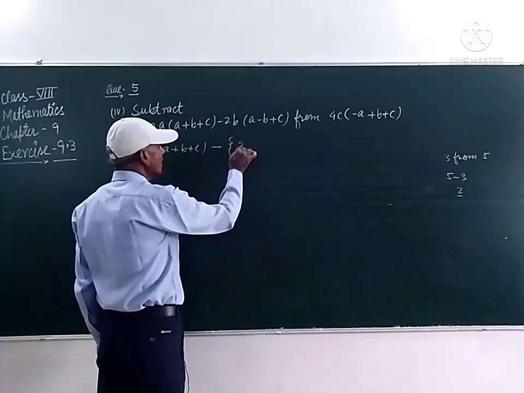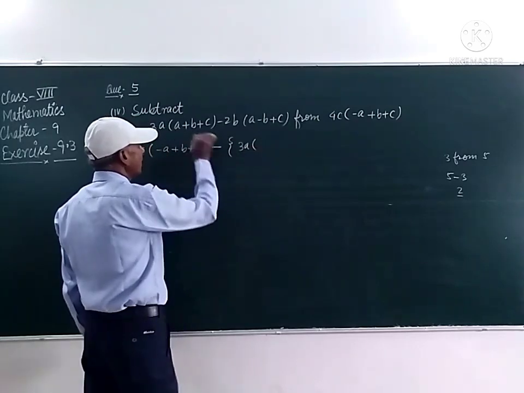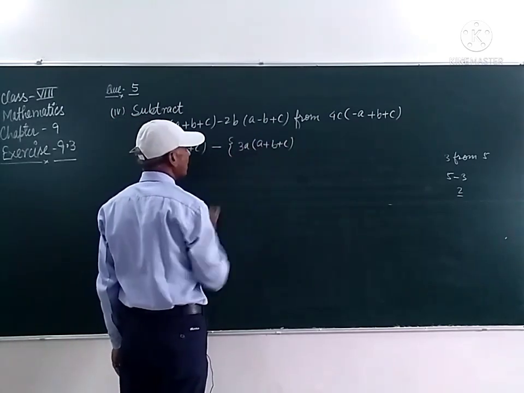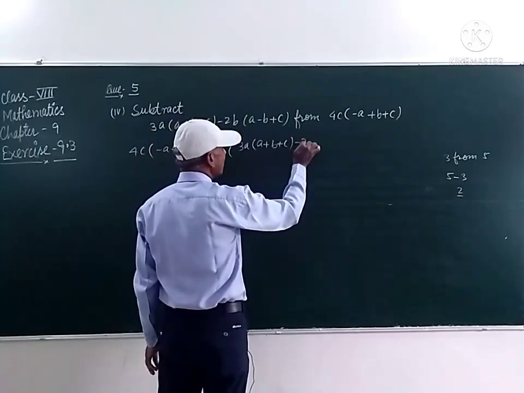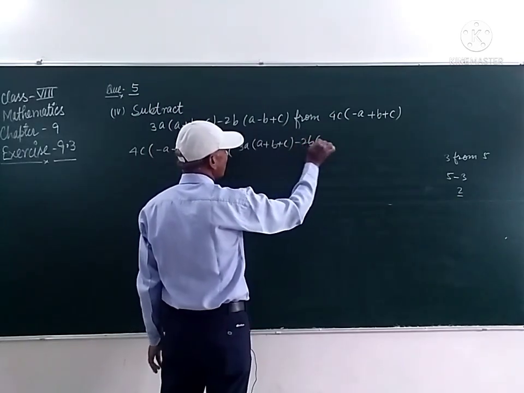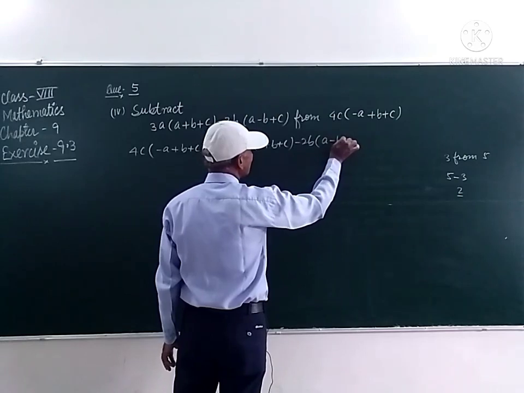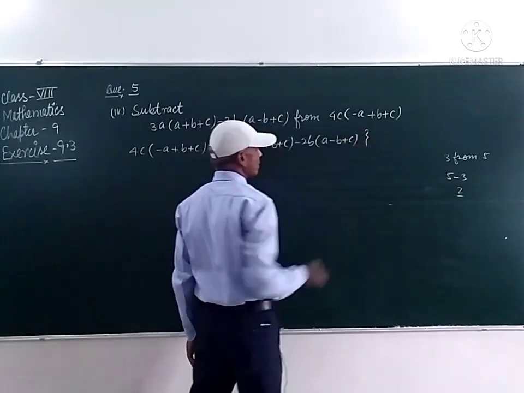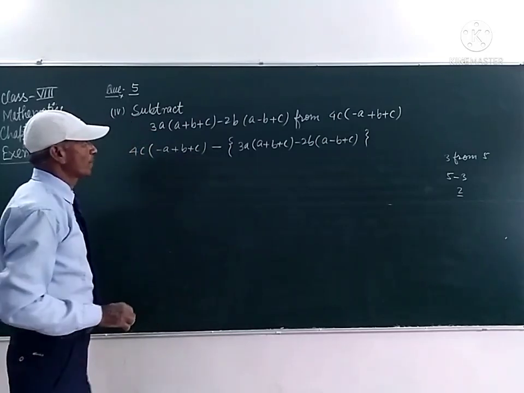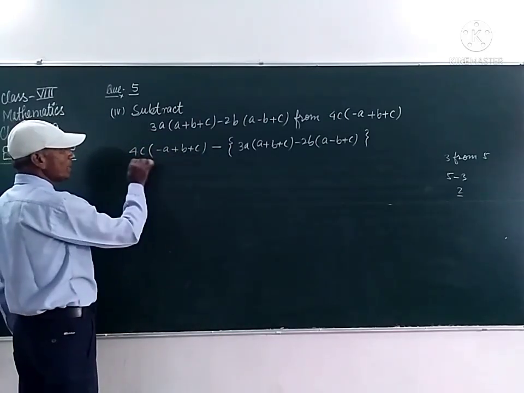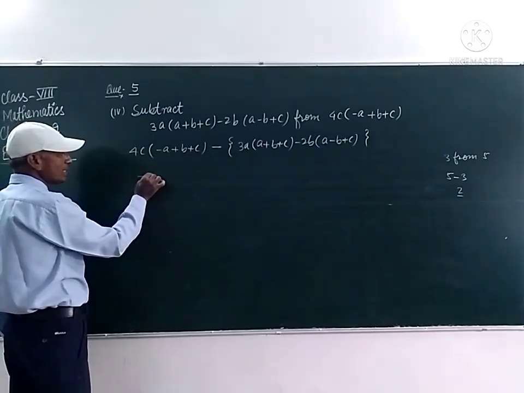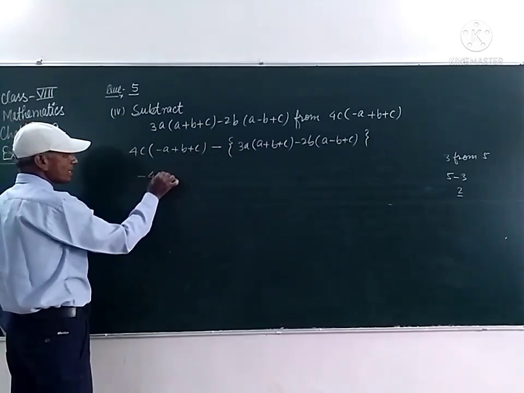Clear, student? So 3a in bracket a plus b plus c minus 2b in bracket a minus b plus c, and close this curly bracket, student. Now in this, student, 4c into a, it will be minus 4ac.